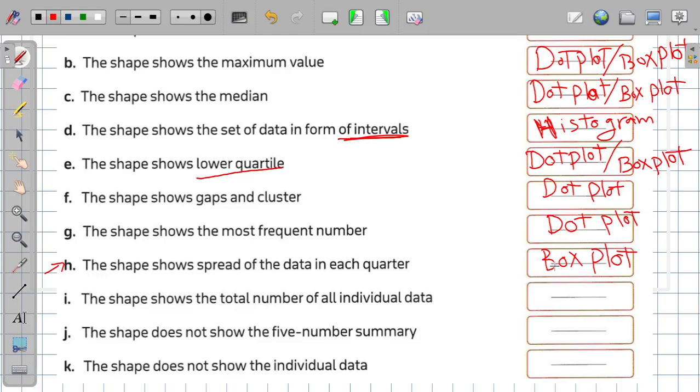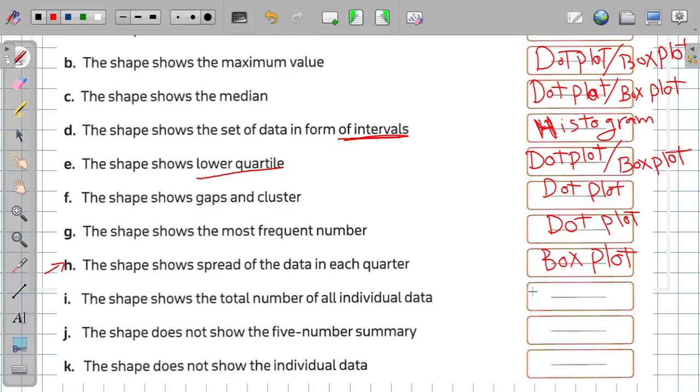Next, I wanted to show the shape that shows the total number of all individual data. I think we have two ways to know the total number of all individual data.